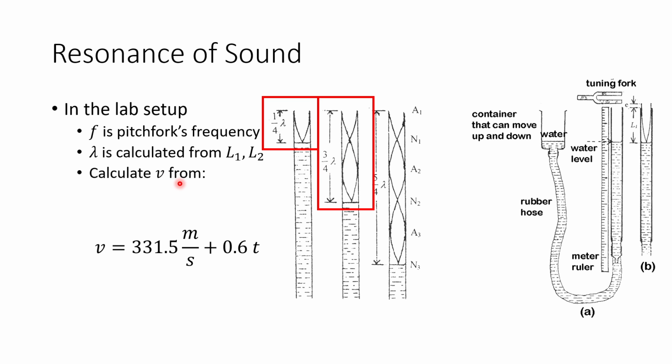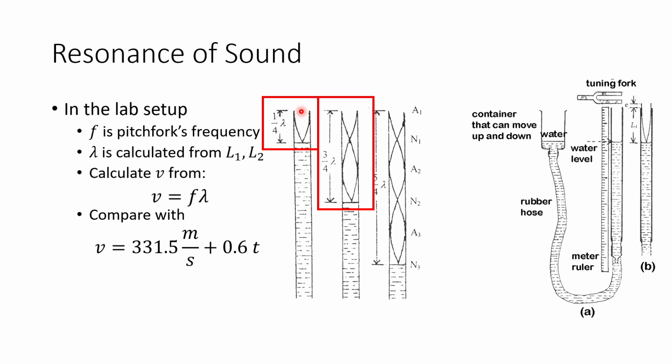And you can calculate V from V equals F lambda, because F you can obtain from the number that's written on the pitchfork, and then you can calculate lambda from L1 and L2 based on this diagram here. So from there you can calculate velocity and then compare it with the theoretical value that you have based on the reading on the temperature.